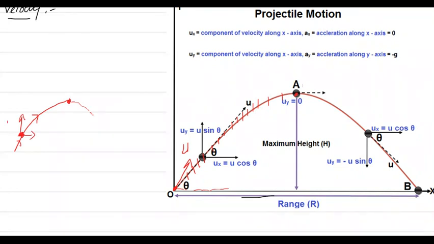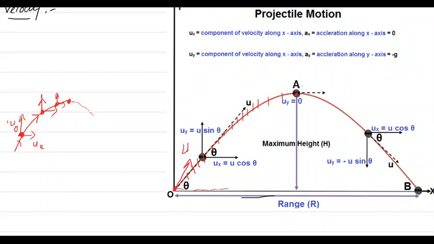If the velocity is u, then this will be uy, and this will be ux. So both the components are existing, horizontal and vertical. That is why the object is moving upward. Here, same thing, horizontal exists, vertical exists, so it is still moving upward. Here also the same thing.